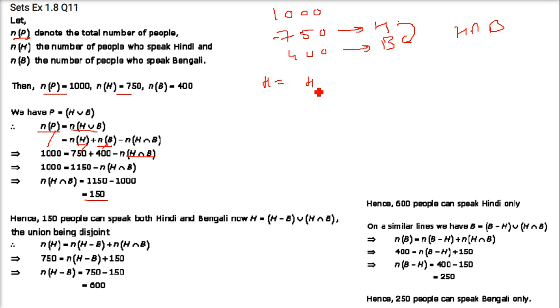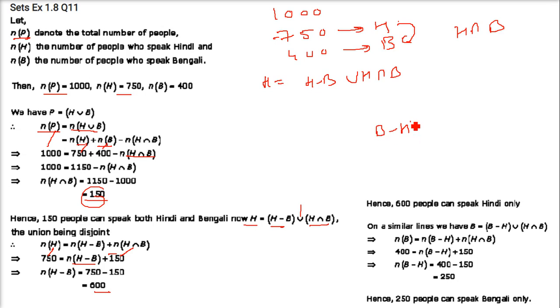Now we write H as H minus B union H intersection B. This you already know, we have explained it a lot. So NH is N of H minus B plus N of H intersection B. We have 750 for Hindi and 150 just found, so H minus B will be 600.